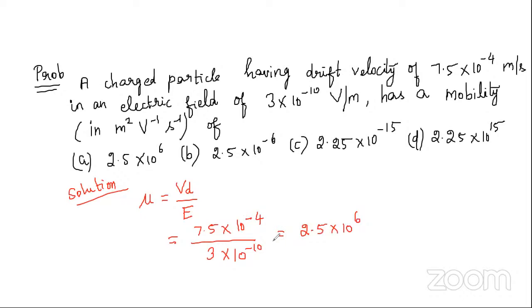This 10 power minus 10, when taken to the numerator, becomes 10 power 6. So 2.5 into 10 power 6 meter square per volt per second. So the correct option is option A, 2.5 into 10 power 6.